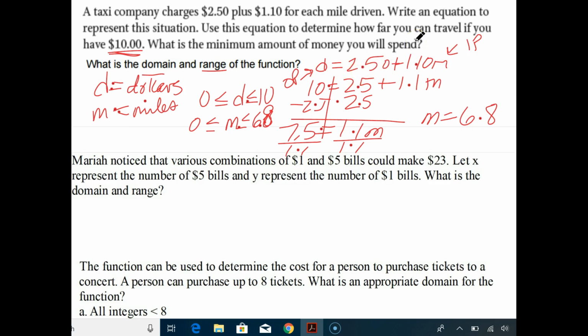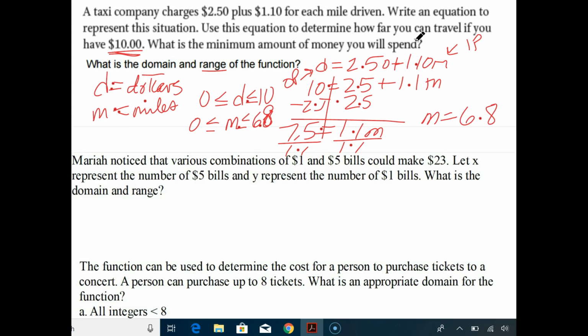And I told her in the situation where we deal with that, it's tricky. In this scenario, technically, 2.5 can be the smallest amount that you pay because you don't go any miles. But if you really don't go anywhere, you're not paying a taxi cab anything. You don't pay $2.50 to get in the car. If you don't go anywhere, you will not be charged. So I told her about that, and so I just wanted to talk about that real quick.